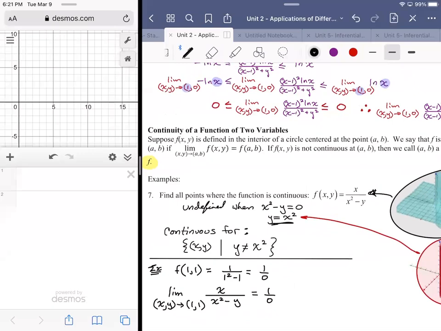So for example, if I wanted to, I could let x equal t and y equal t squared and write the function as f of t, which would be t over t squared minus t squared.